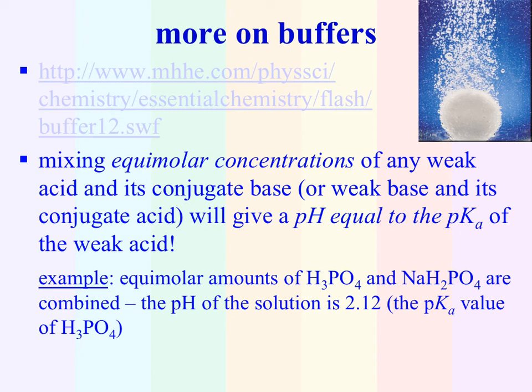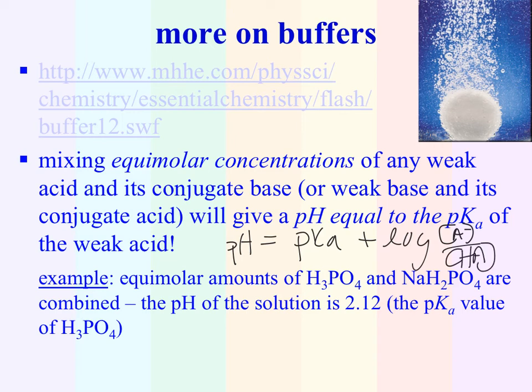Because obviously taking the log of 1, as you would in the Henderson-Hasselbalch equation, allows that relationship to be seen, right? So plus the log of your base or your acid over your acid concentration. If these are equimolar, if they're 1 to 1, then when you calculate the log, it's going to be equal to 0. So pH and pKa will be equal in that situation. As I said, pOH and pKb can be equal as well, depending on which version of the Henderson-Hasselbalch equation you're using.